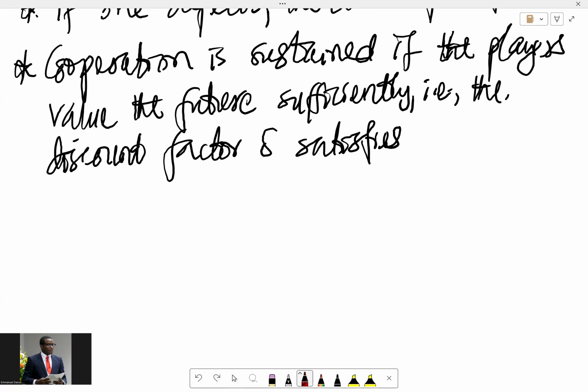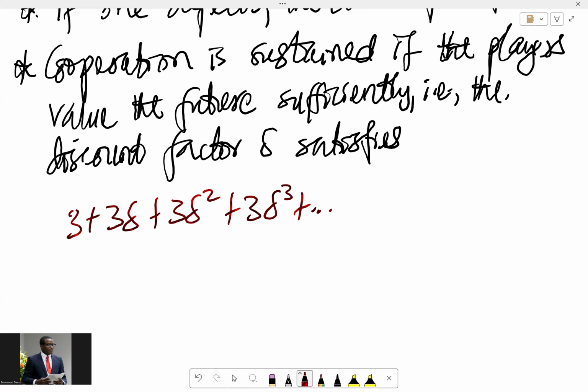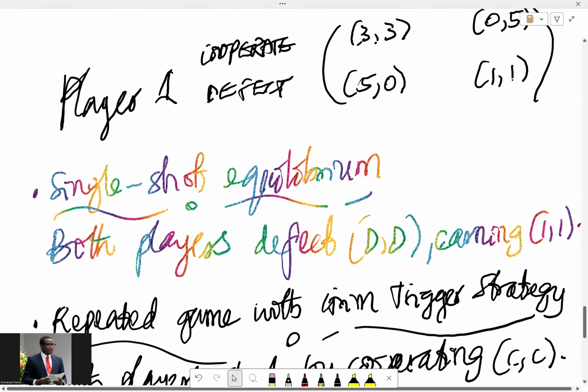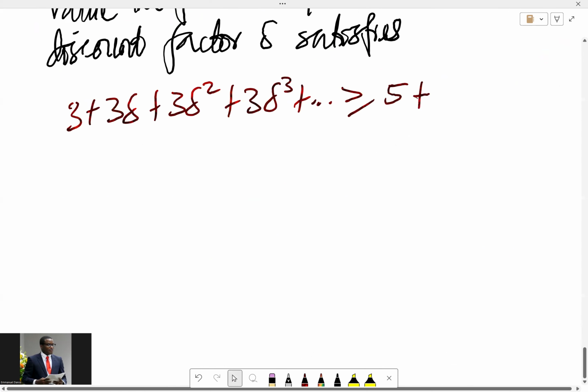We have 3 plus 3 delta plus 3 delta squared plus 3 delta cubed, and so on and so forth, and that is greater than or equal to 5 plus 1 delta for defection. You see this whole thing is for cooperation.